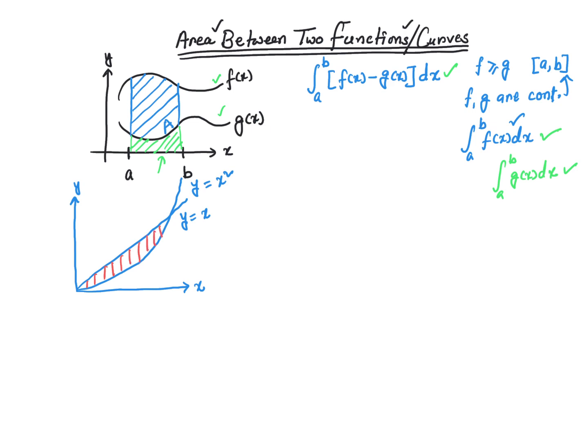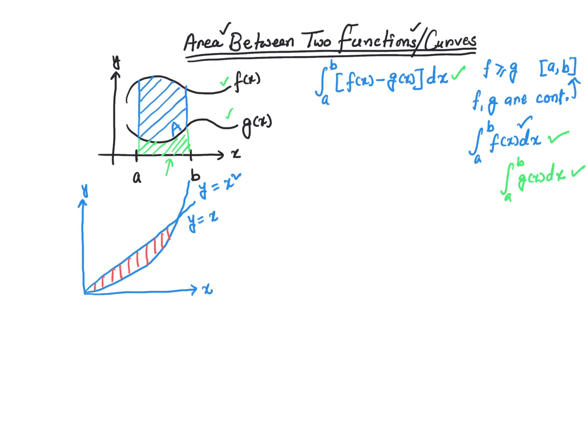So let's go ahead and find this area. First of all, we need to find the points where these two functions intersect. That can be found very easily if I set x squared equal to x. That is telling you that these two functions are equal to each other. So where are they equal? Where they intersect, right? If I simplify it, I get x squared minus x is equal to 0. If I factor out x, that gives me x times (x minus 1) is equal to 0. Now you're multiplying two factors and getting 0, so one of them must be 0.